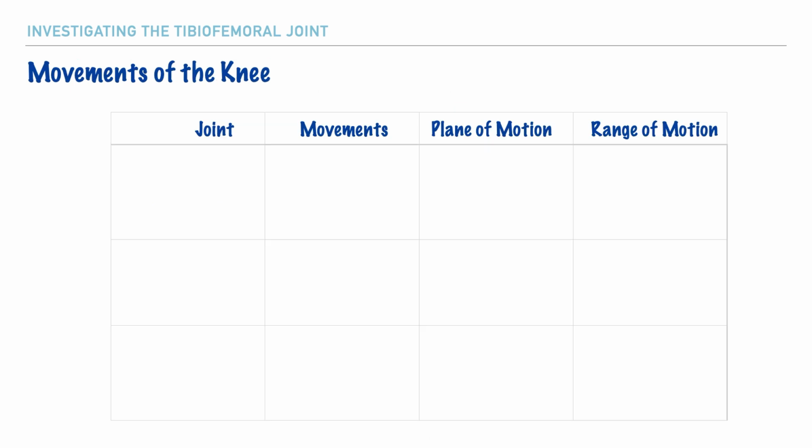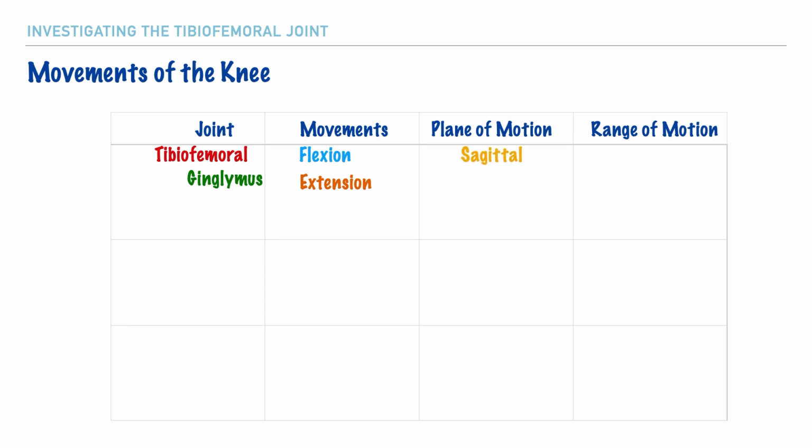Let's take a moment now to look holistically at the movements of the knee. First, as we indicated earlier, the tibiofemoral joint can be referred to as a trochoginglymus joint. And while this still remains true, the joint is primarily a ginglymus joint, functioning like a hinge and providing us with the opportunity to perform flexion and extension. And specifically, those movements, flexion and extension, are produced in the sagittal plane.